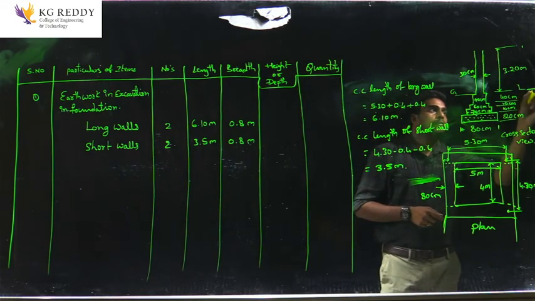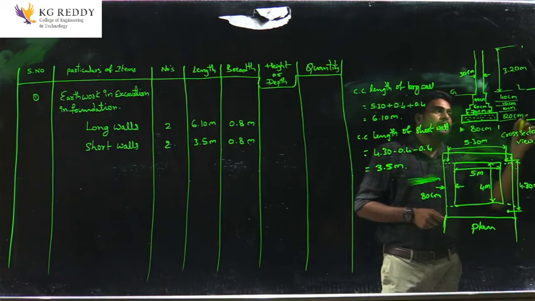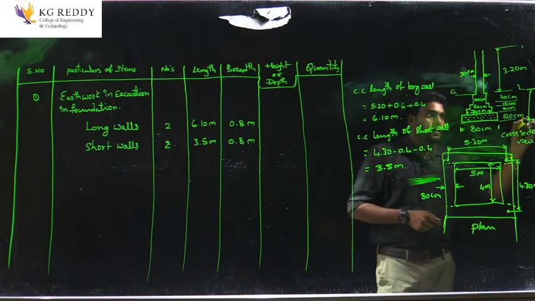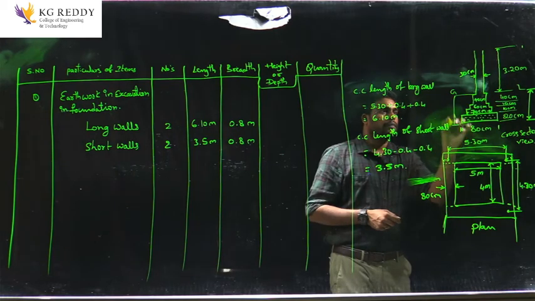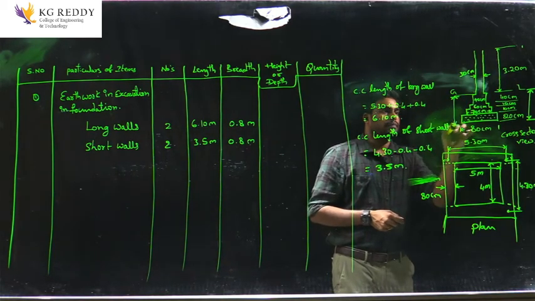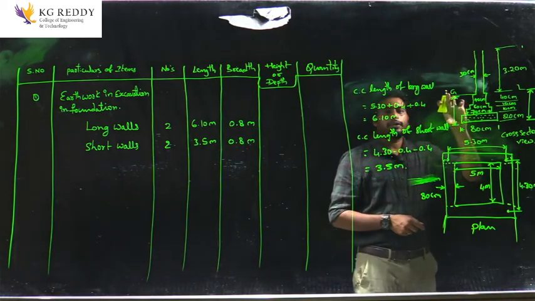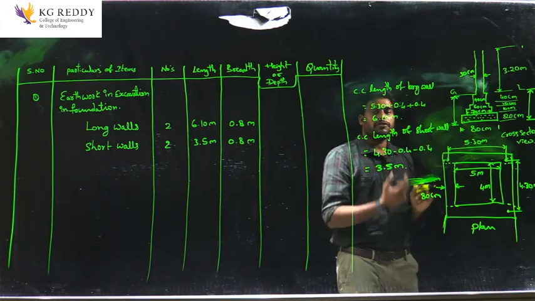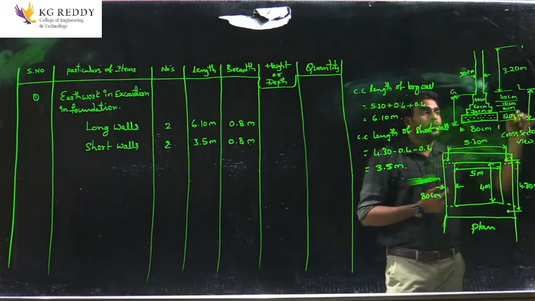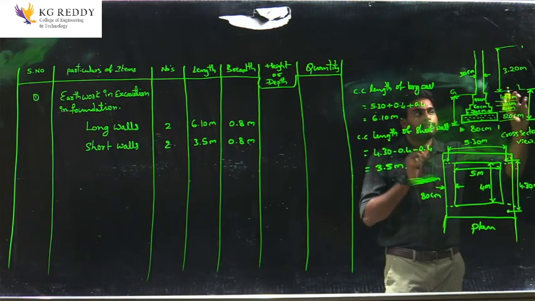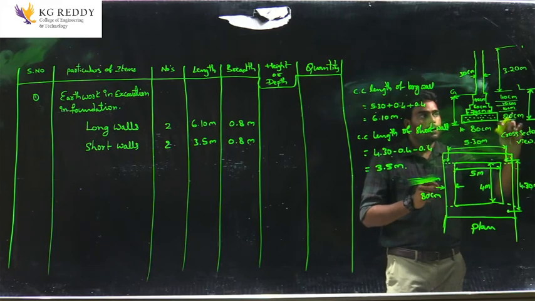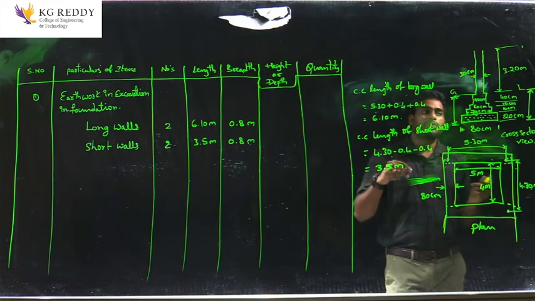From ground level to the bottom of the excavation we need to find out the height. So how will we find it? By adding the plinth, first footing, second footing, and lime concrete, we can get the total depth of the excavation.